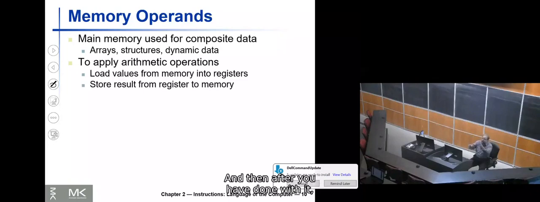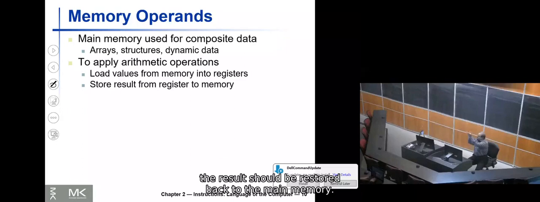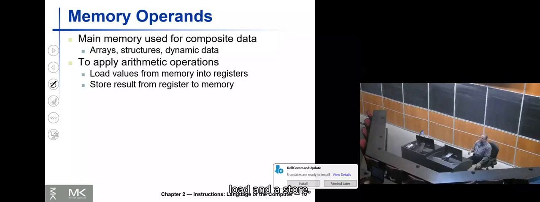And then after you have done with it, you do a lot of operations, arithmetic operations, logic operations, so many things. Then when you are done and the result is ready, the result should be stored back to the main memory. And then you use store results to memory. Load and store.